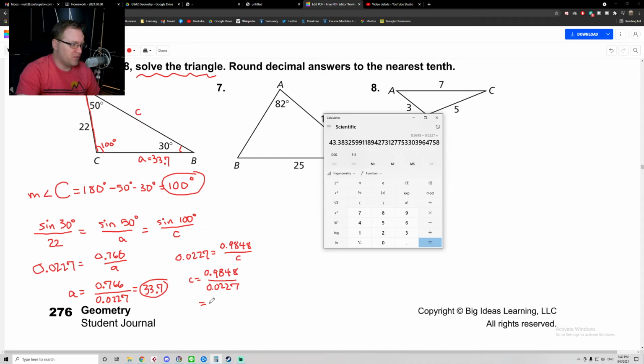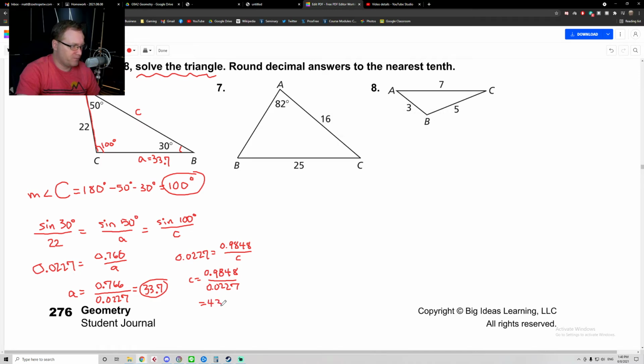So C equals 43.4. And we're done. These are the answers then. Now we know all the angles and all the sides. We're finished. That's how you do number 6.